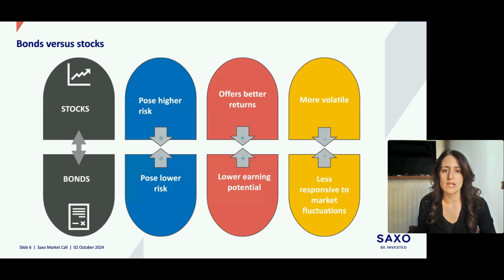So maybe when stocks drop around 30%, and we've seen that later would happen in 2022, bonds are not going to drop that much. On the downside, bonds have much lower earning potential because they are also less risky.